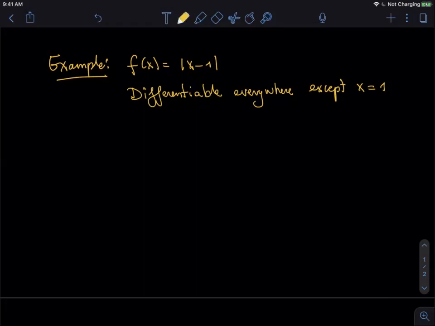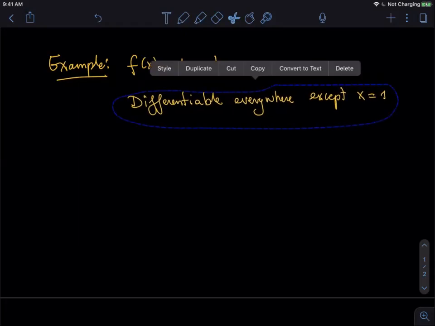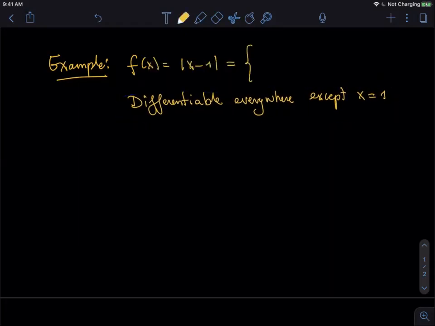Let's see that more precisely. So this function, let me write it. First thing we need to do is to write carefully what the absolute value function means. So this function is x minus 1, whatever is inside, if x minus 1 is positive, and it's the negative of what is inside, in this case 1 minus x, if x minus 1 is negative.